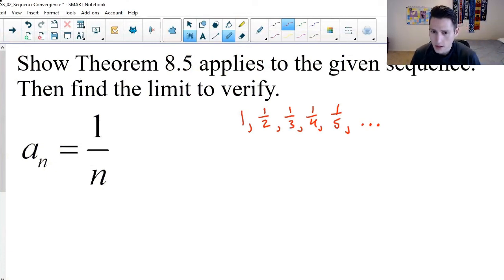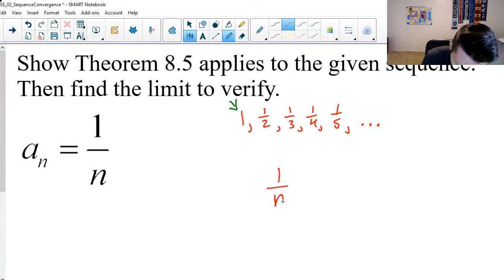So I should be able to already see the maximum value that this sequence will ever be is 1. There's no number that I can plug in here, because the only numbers we plug in are natural numbers, right? 1, 2, 3, 4, 5, 6, 7, 8. So the maximum this sequence will ever be is 1.